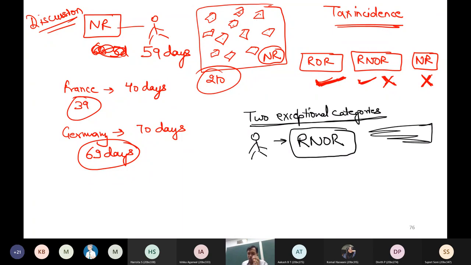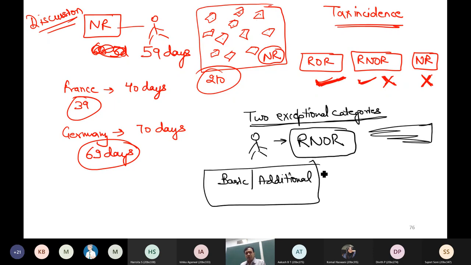I will not apply the normal rule, the basic conditions or additional conditions, in these two categories, which I will discuss with you in the next class. There is no need to check that. In these two categories, a person is always RNOR in India by default. The moment that person becomes RNOR, at least some of the incomes which are not taxable when he was non-resident will become taxable because of the change in his residential status.